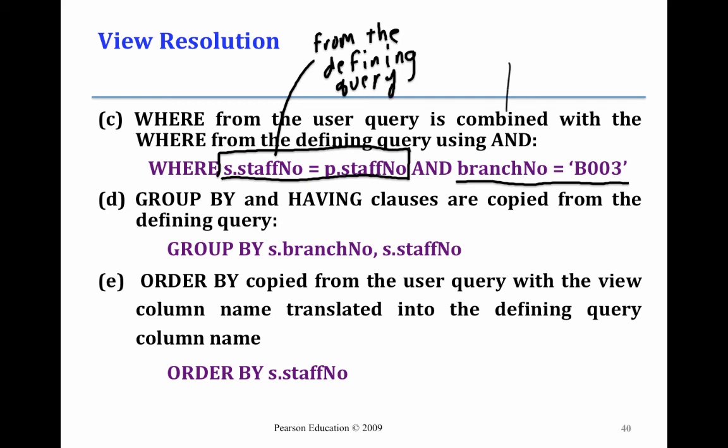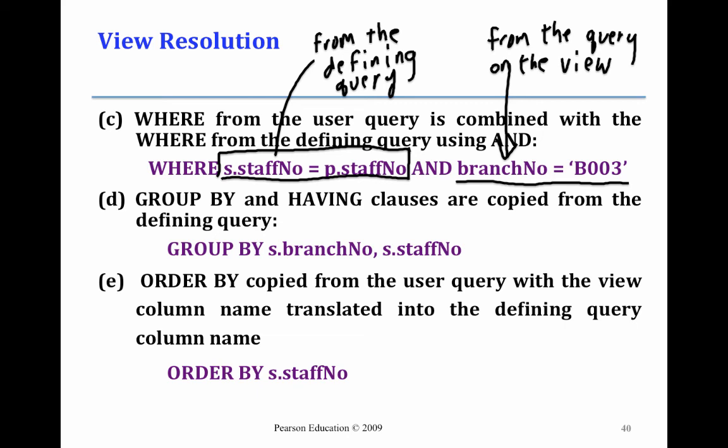And this one right here is from the user query, or from the query on the view. Okay, then step 4, any group by and having clauses are copied from the defining query, and any order by clause is copied from the user query.